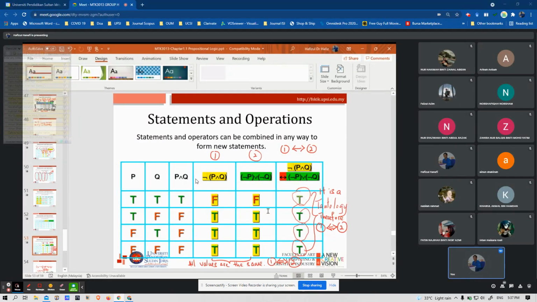All the outputs of proposition 1 and 2 are true, and they must be the same. The output for every proposition is the same, and then you go by the biconditional. This one is true, true, true, true. If the requirement is fulfilled, then it is a tautology.